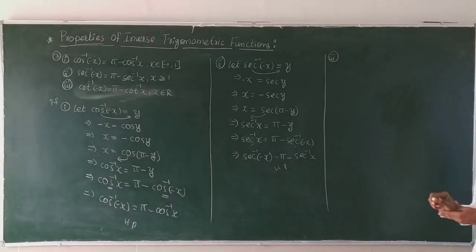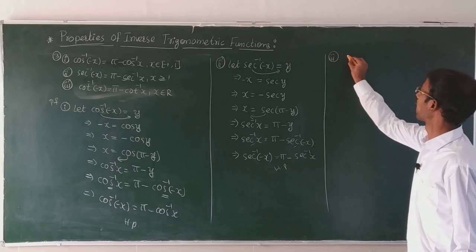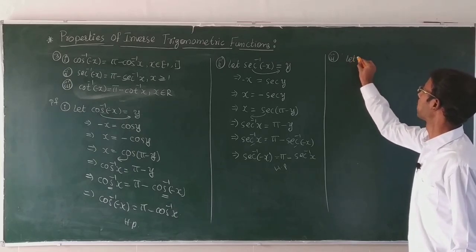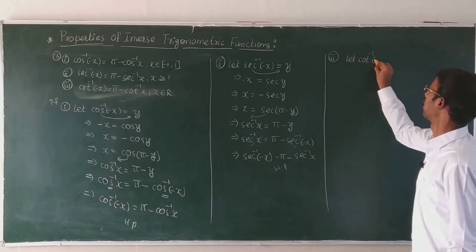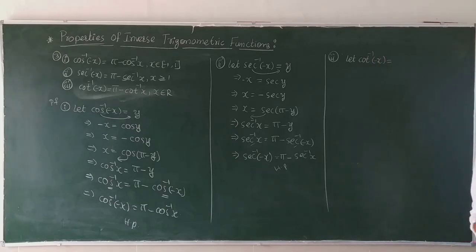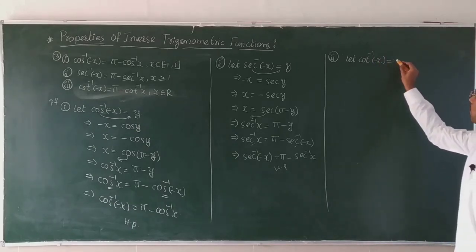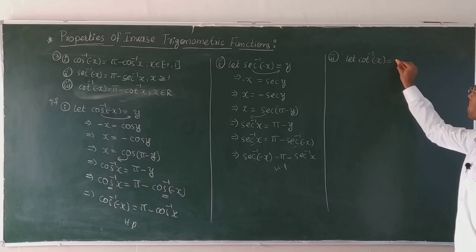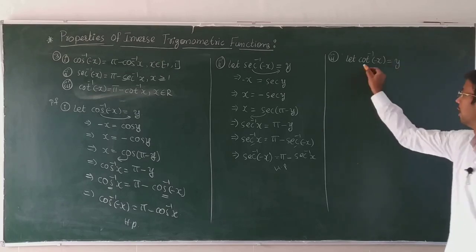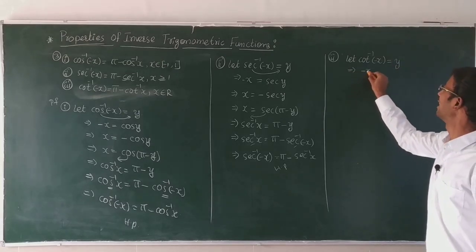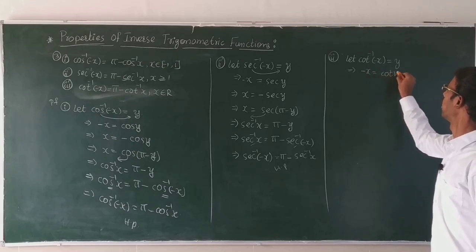Next, property number 3. Let cot inverse of minus x is equal to y. Implies minus x is equal to cot y.